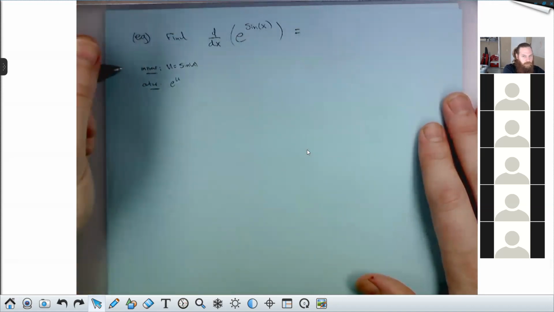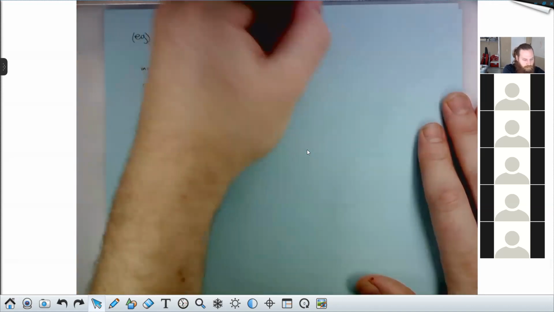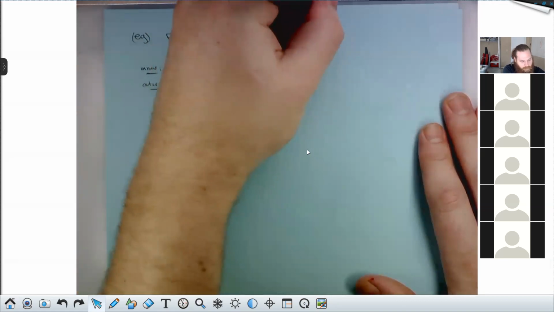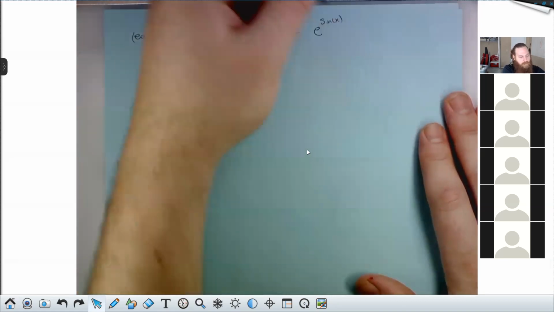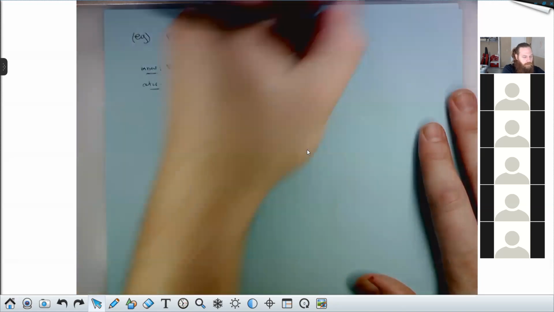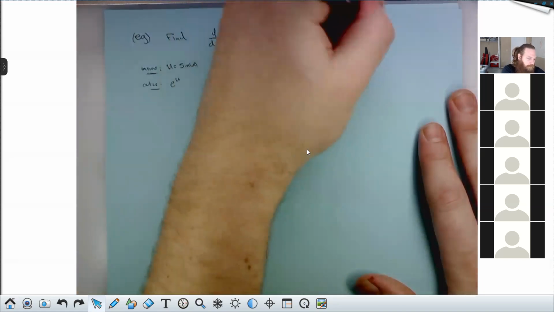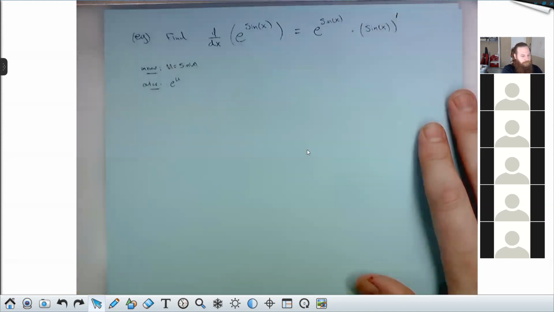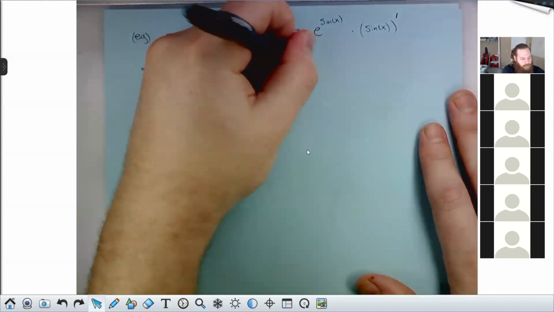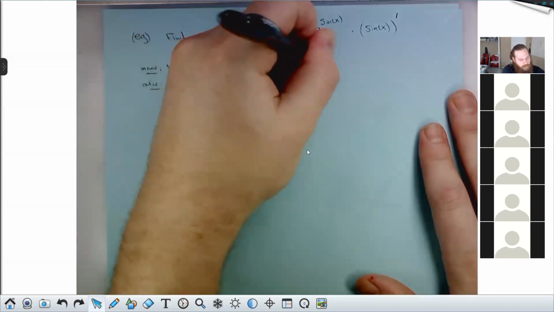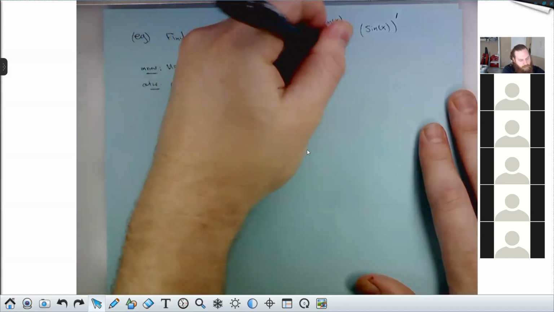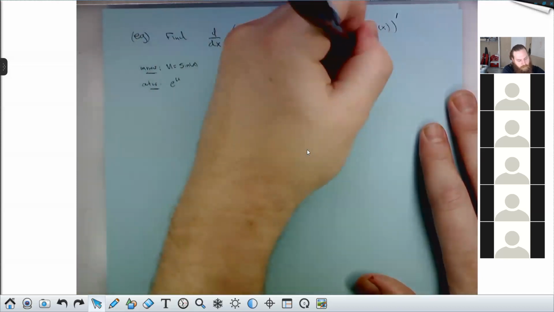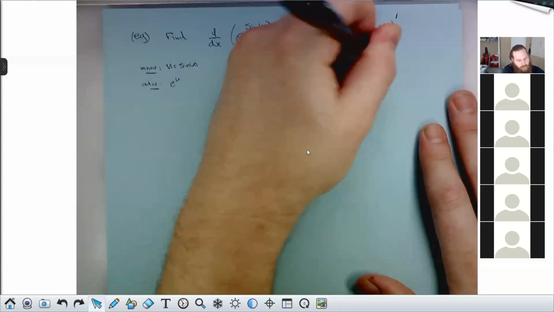If I differentiate e to some stuff, I just get e to that stuff. This would be e to the sine x, right? Differentiate the outer, leave the inner alone. And then I multiply by the derivative of the inside. And the derivative of sine is cosine. So this is e to the sine x times cos x.